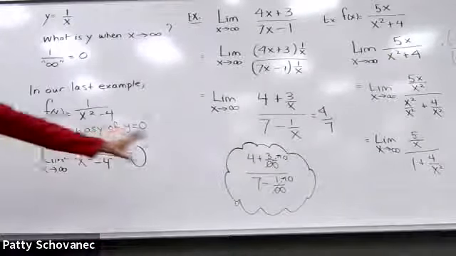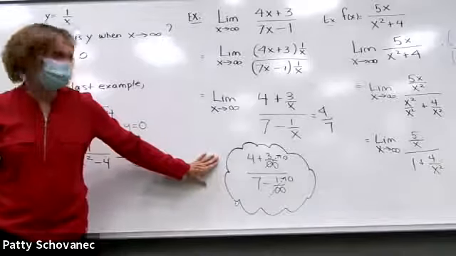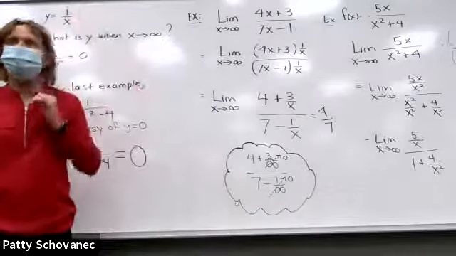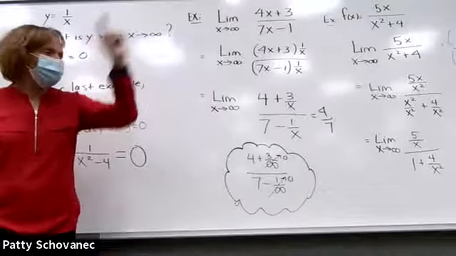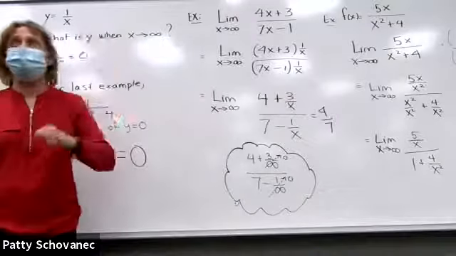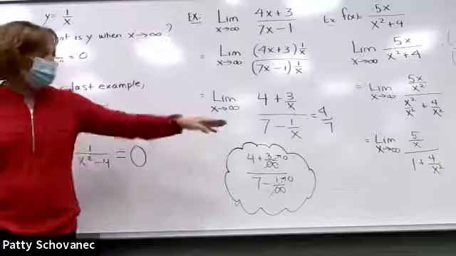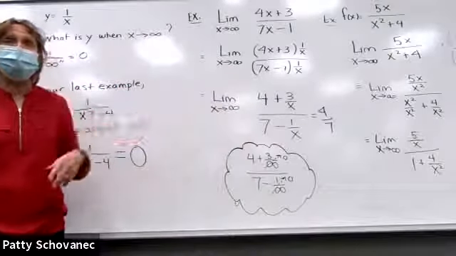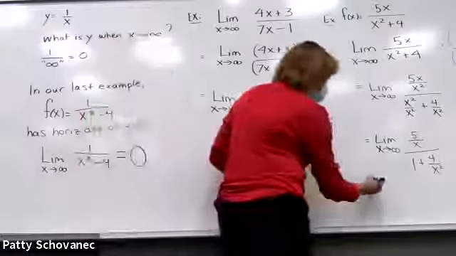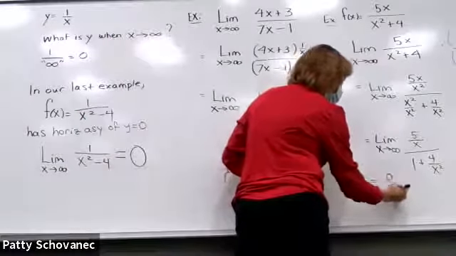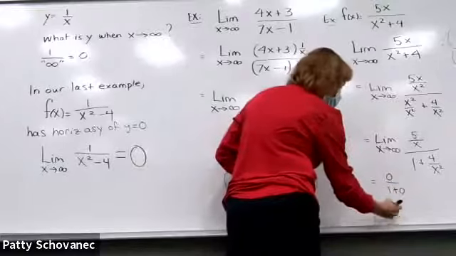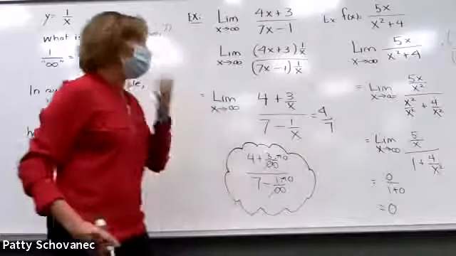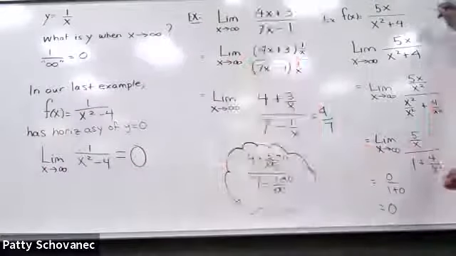So put your little thought bubble in your head. 5 over a big number is going to go to 0. 4 over a big number squared goes to 0 even faster. So all that's left down there is a 1, but I got a 0 on top, a 1 plus 0 on the bottom. So that gives me the line y is equal to 0 as the horizontal asymptote.